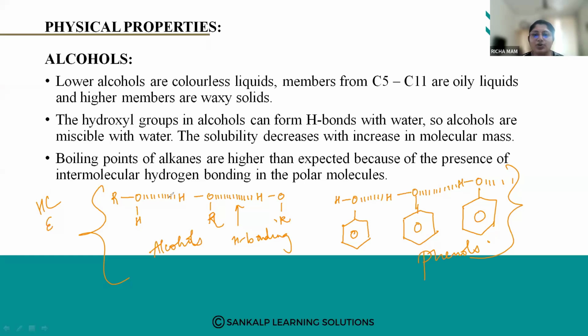So what will happen to the boiling point as the number of carbon atoms increases in alcohols and phenols? The boiling point will also increase. As the number of carbon atoms increases, from methane to ethane, then propane, the molecular mass is increasing.